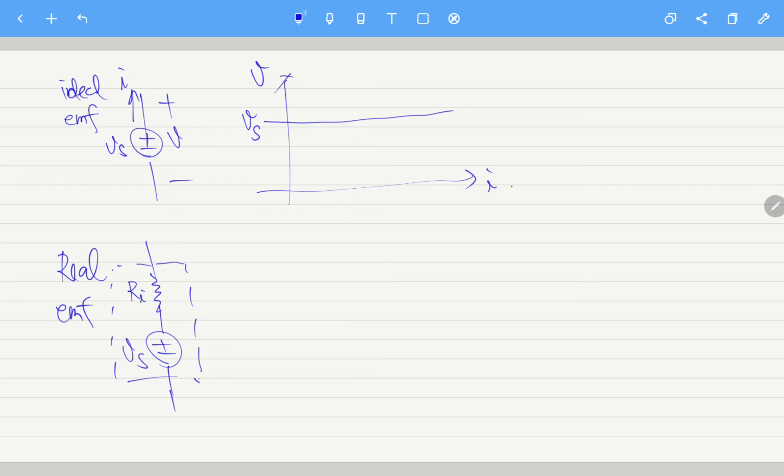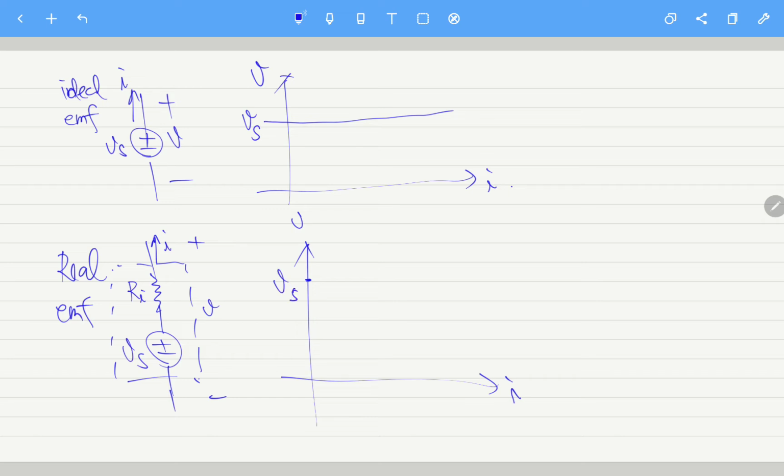Let's denote this V, and this is still the I. In this case, if I is zero, then this point is still Vs.